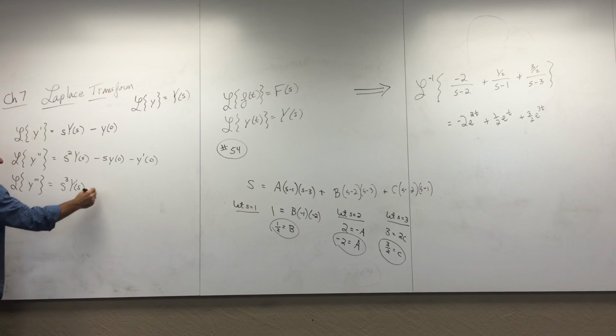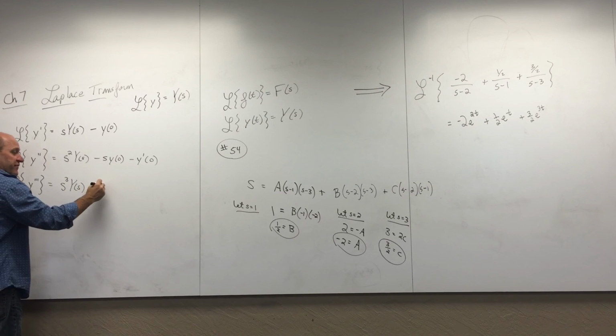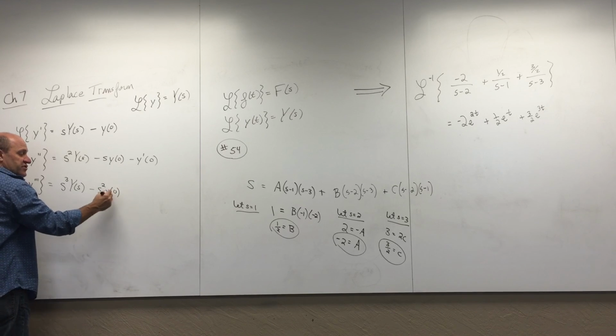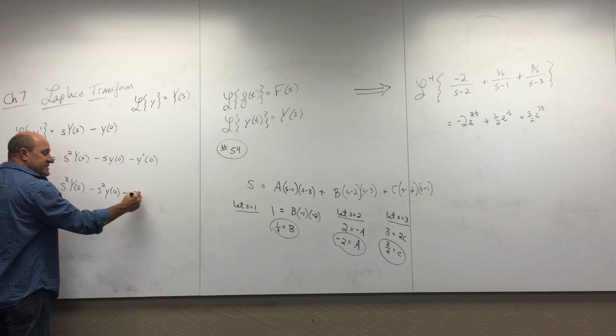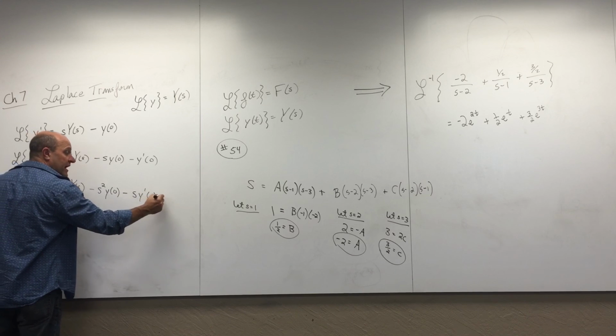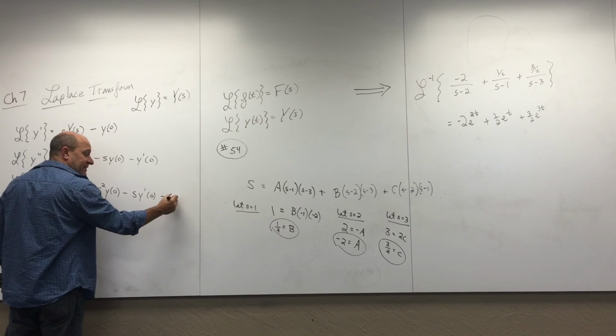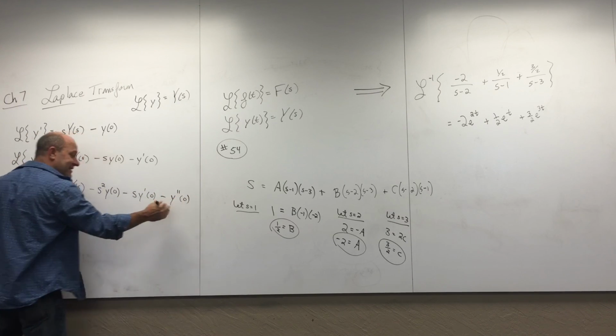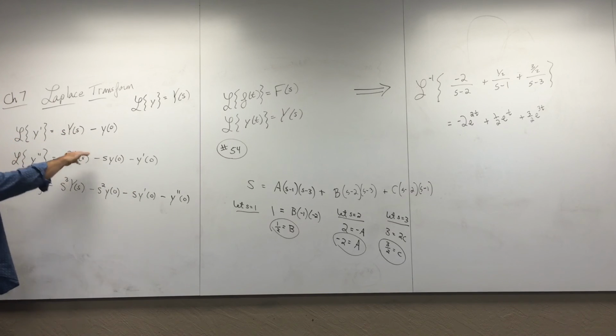Now watch what happens. This s cubed starts to drift down, s squared, but then the initial conditions start to jump on. And then I get an s, y prime of 0, and then the s's are gone, but I got the last initial condition there. See how that is? There is a pattern to this if you can decipher it.